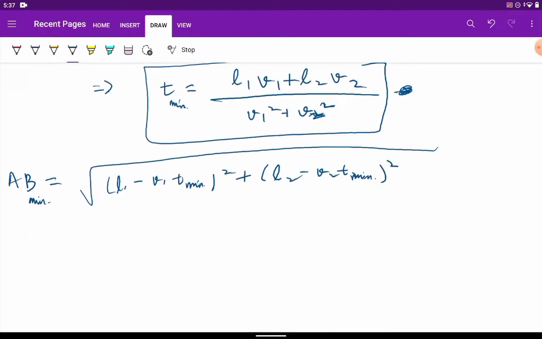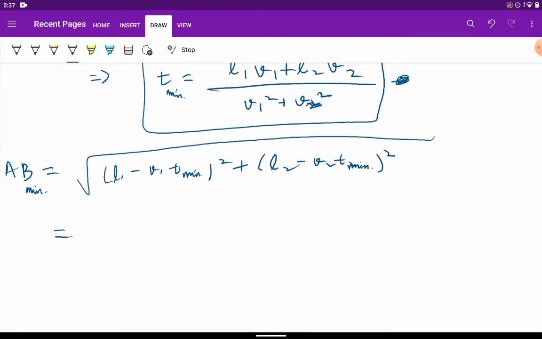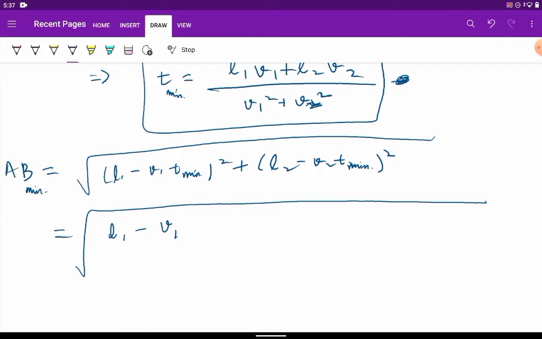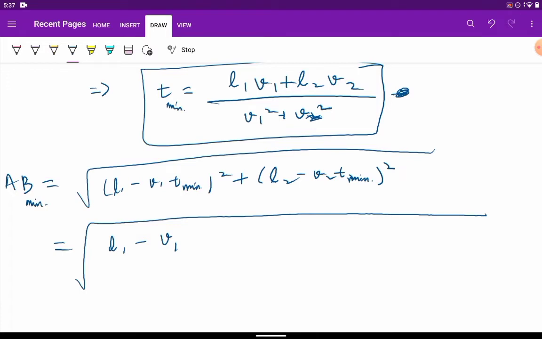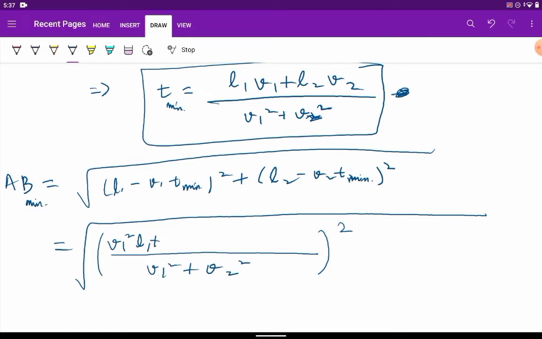So L1 minus V1 T minimum is nothing but, with the denominator V1 square plus V2 square, V1 square L1 plus V2 square L1 minus V1 square L1 minus V1 V2 L2, right?